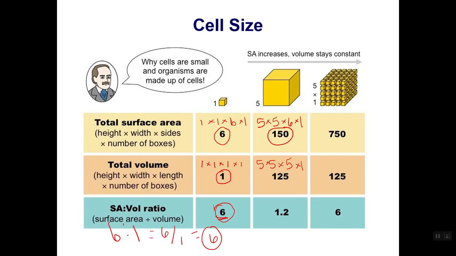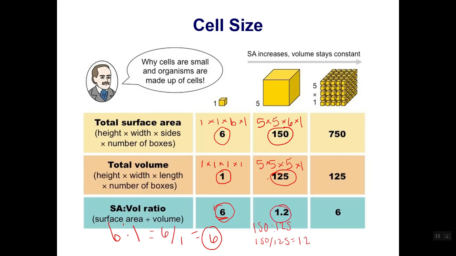So if you calculate 5 times 5 times 5 times 1, you'll get 125. So if we were to set that up as a ratio, the surface area, 150, to 125, it's the same thing as saying 150 divided by 125. If you calculate that, you'll get 1.2.